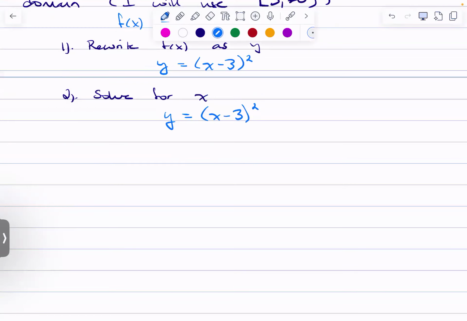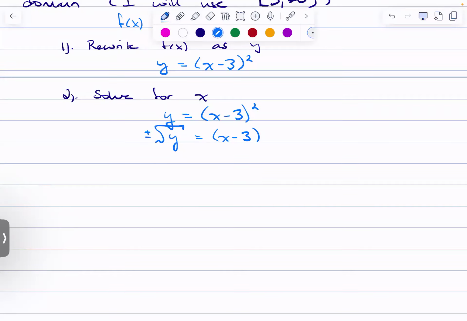When I take the square root of y, I get a positive and a negative version of this thing, equals x minus 3. Okay. But only one of those positives or negatives will apply depending on the domain I chose.